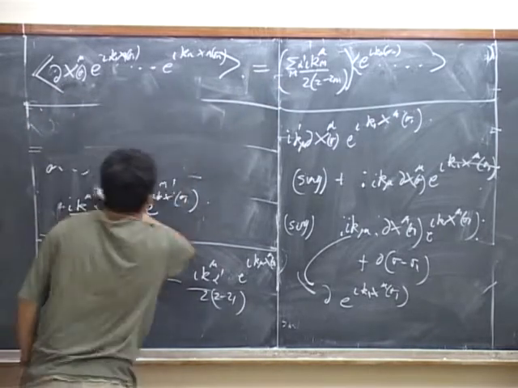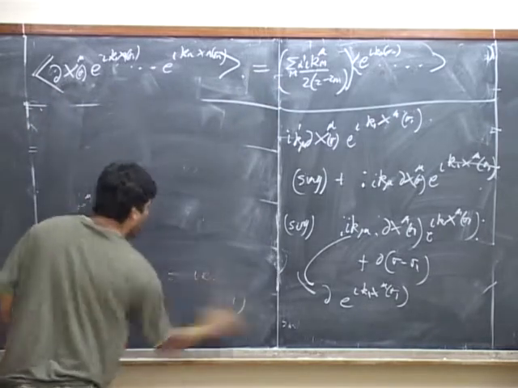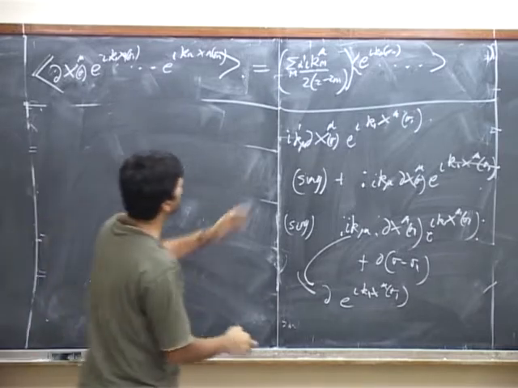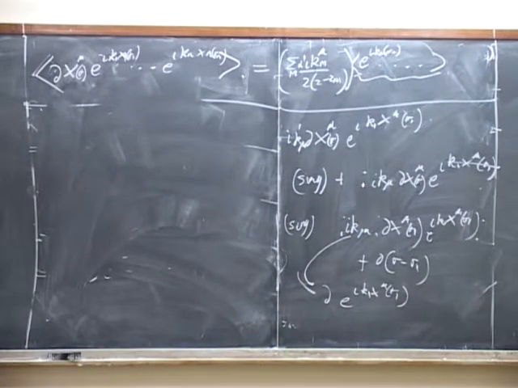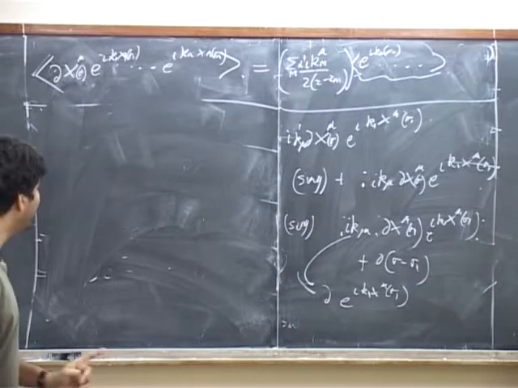So what have we done? Our aim is to compute this correlation. That's our aim. So what we get is the following relationship.